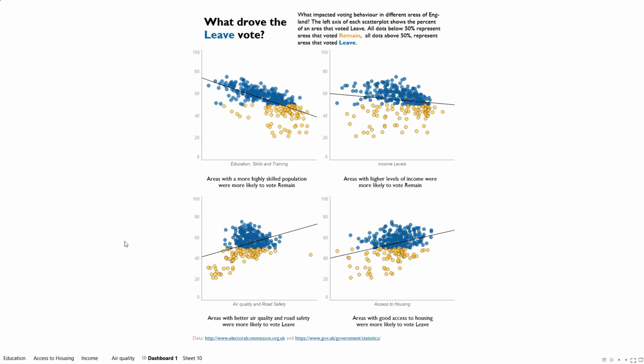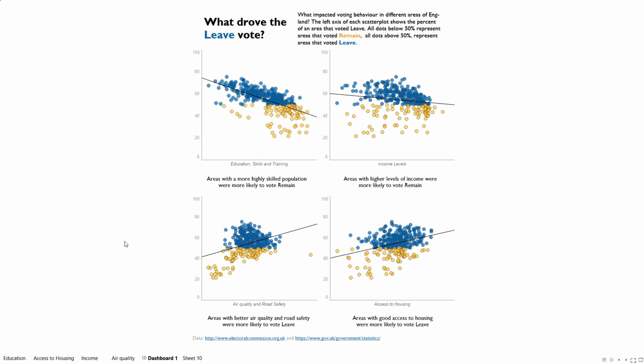So obviously, the areas that fall under the 50% mark thus voted remain. So all the yellow dots are remain, all the blue dots are leave. The top two scatter plots are fairly related. So the first one relates to education, skills, and training.